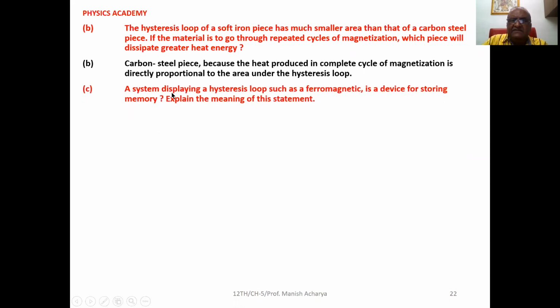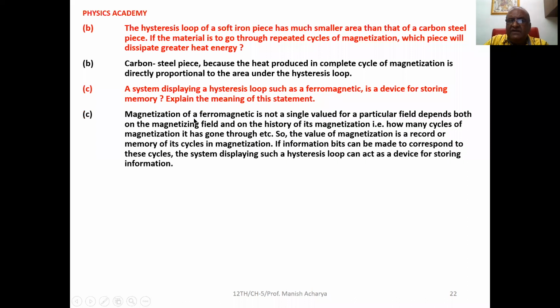C. A system displaying a hysteresis loop such as a ferromagnetic is a device for storing memory. Explain the meaning of this statement. So magnetization of the ferromagnetic is not single valued for a particular field. It depends both on the magnetizing field and on the history of magnetization.